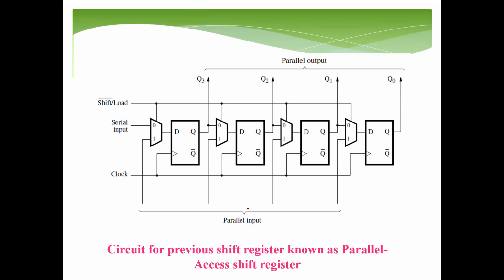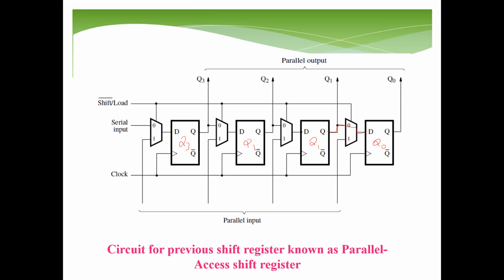Okay. Now, how would this circuit synthesize? We'll have 4 flip-flops. This is going to be Q3, Q2, Q1, and Q0. And since Q0 is reading Q1, it will be connected to Q1 through this multiplexer.